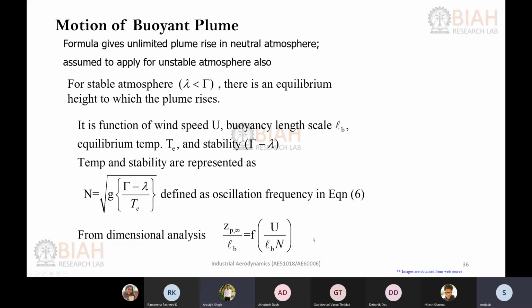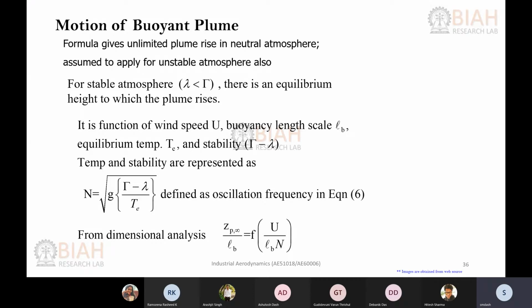Excuse me, sir, once that set of pollutants attains an equilibrium, can it become unstable again? Okay, yes, definitely. I'll say it will not be unstable.